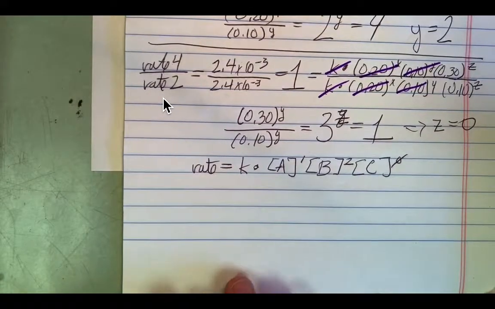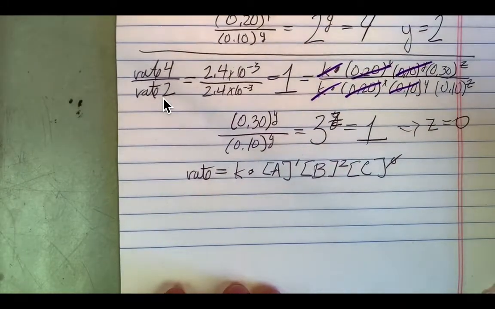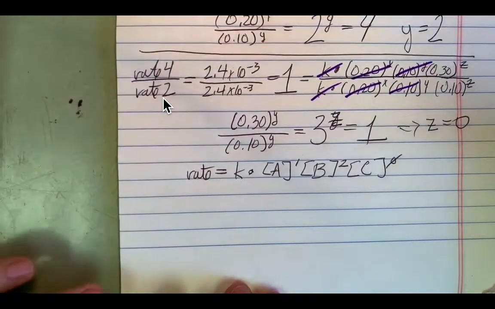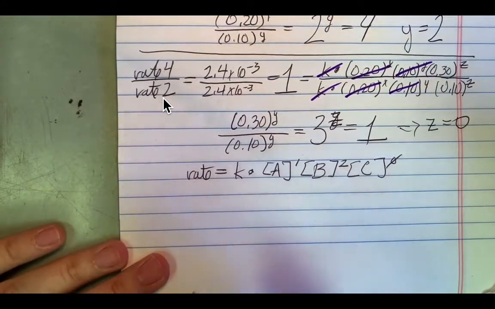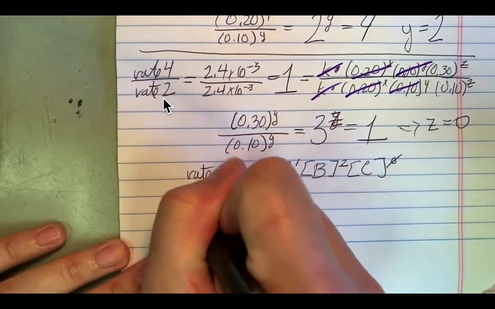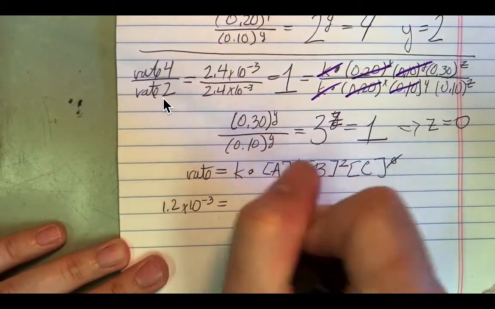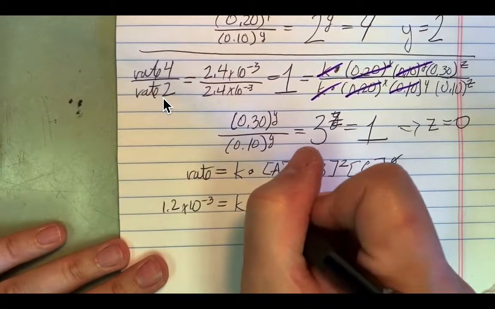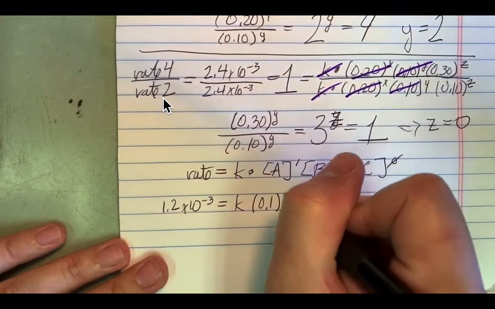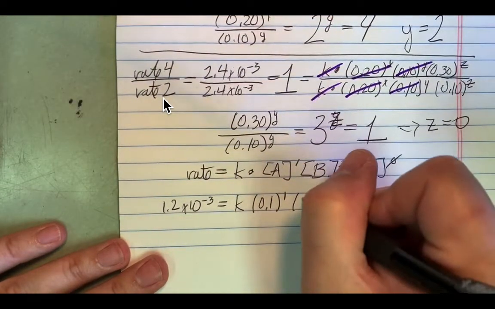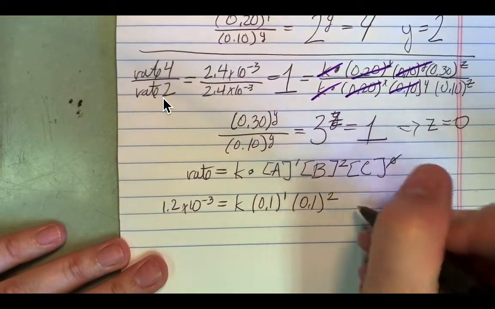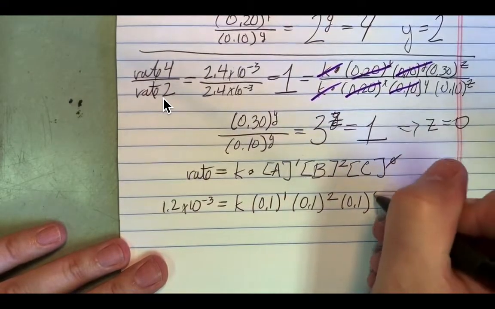Well, we can go back in and we can use any trial in order to do that. So I'll do trial 1. Our rate is 1.2 times 10 to the minus 3 is equal to k times 0.1 to the first power, 0.1 to the second power, 0.1 to the 0 power.